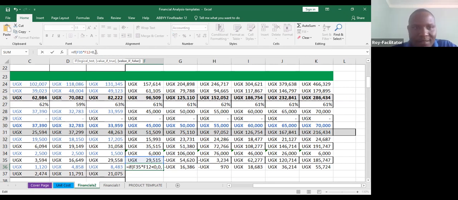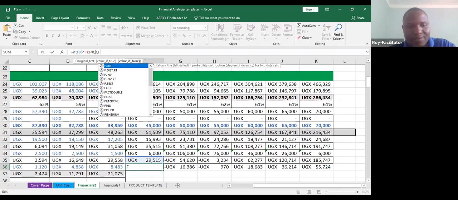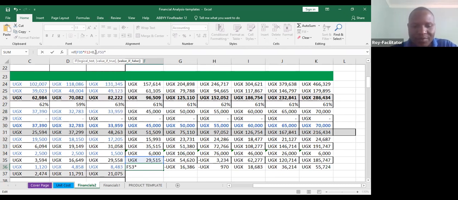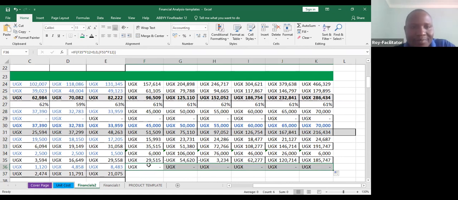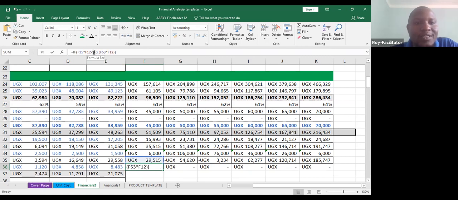Else it can just compute 35 times F12. Okay. Well, you don't have to go through that, but sorry, that does not work well. Let me first change this and see.